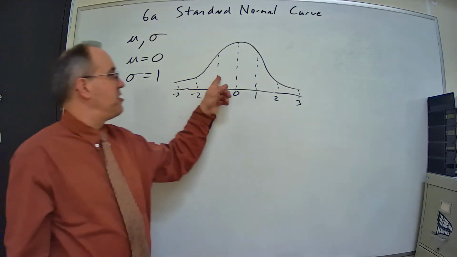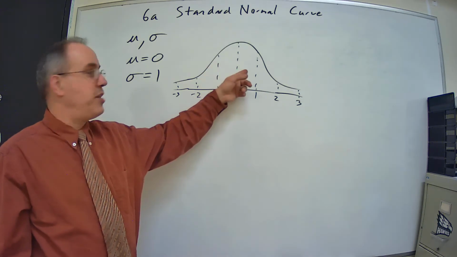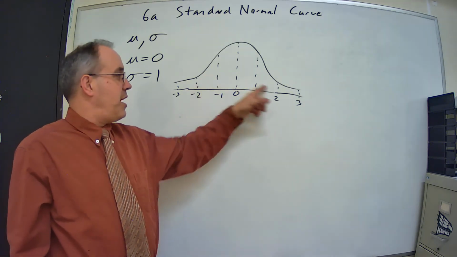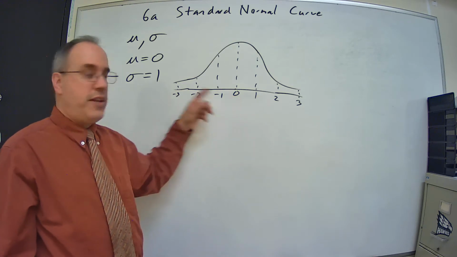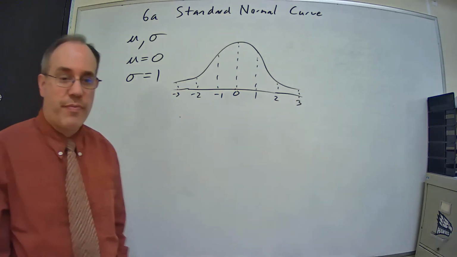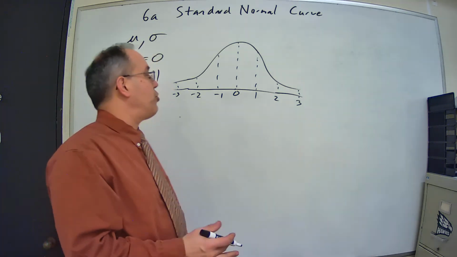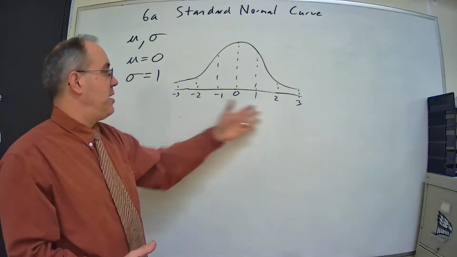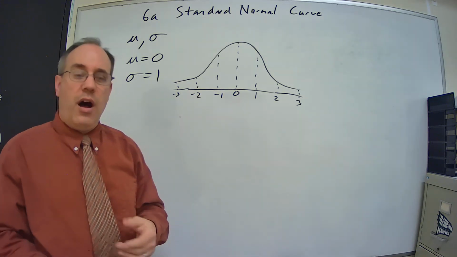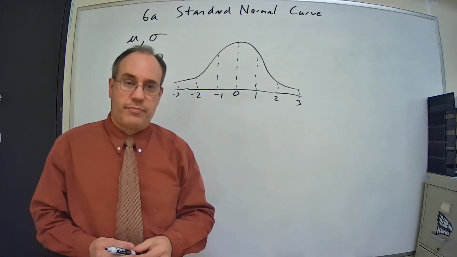Right, and 68% of the data is within 1 standard deviation, 95% within 2 standard deviations, 99.7% within 3 standard deviations. So we're basically doing a very simplified form of a normal distribution.